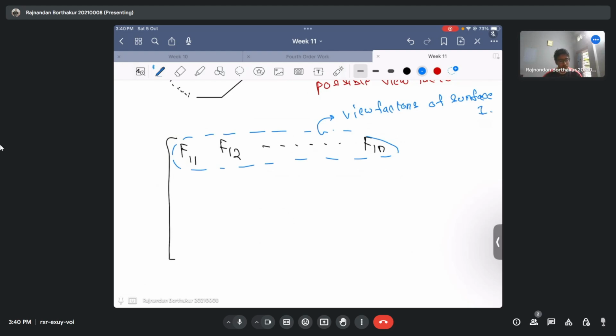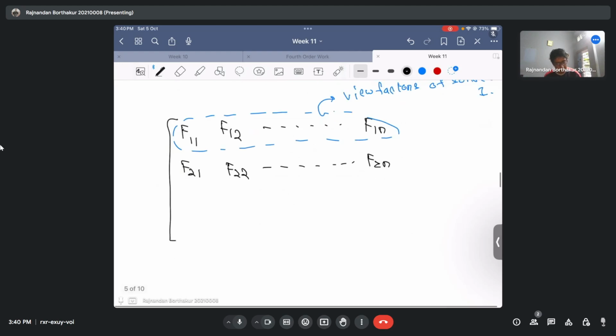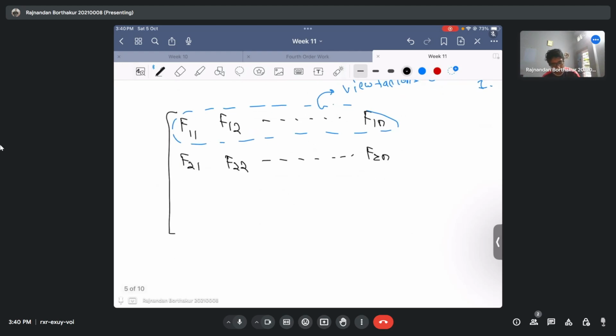Similarly for the second surface I can write f21, f22, extended to f2n. And for the third surface as well, you can write f31, f32, f33, extended up to f3n.